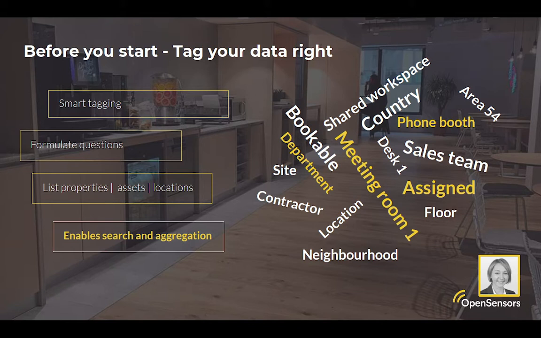For example, for desks, the most common ways to tag, and later to view the data, is by building, by floor, by department or team or neighborhood or village or whatever they call it in your organization. However, we can add more tags to each of the workstations if we work on a portfolio level. So for example, country, city, or even region like North America.